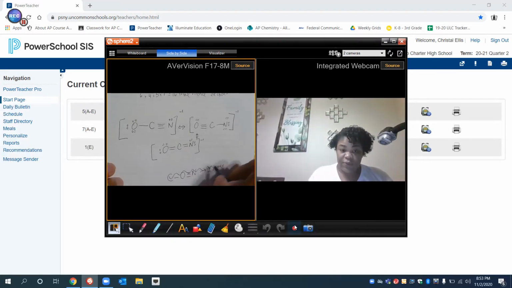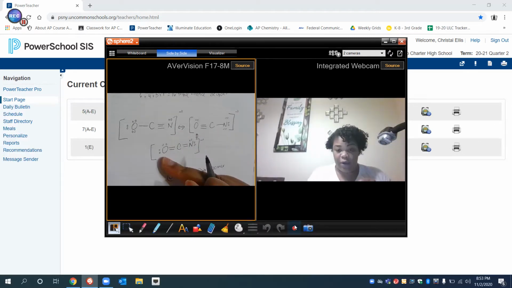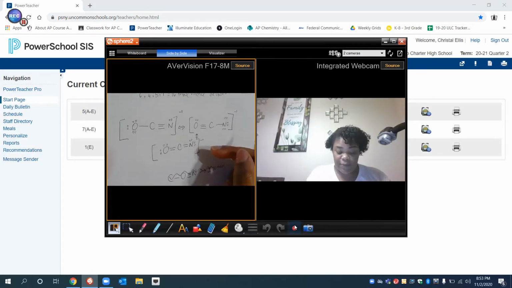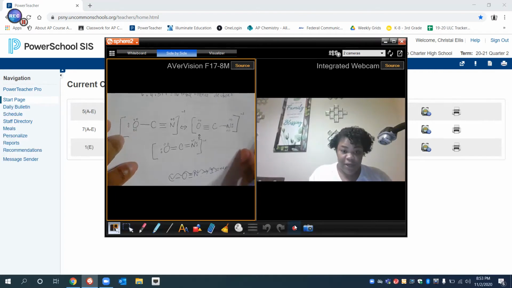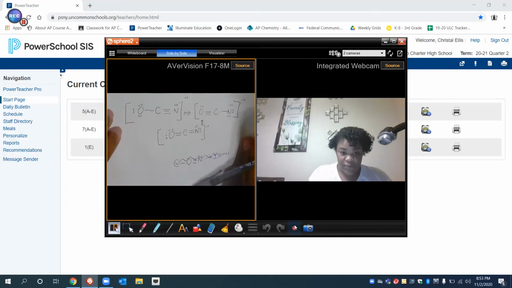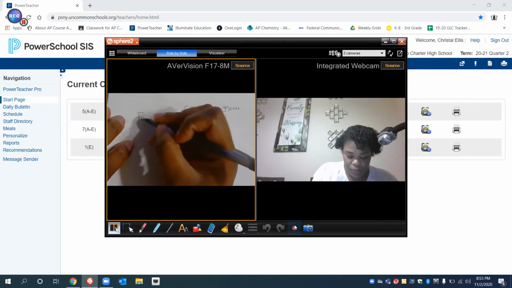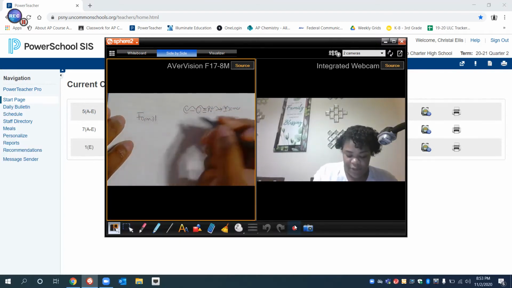Now, once we are able to draw out our Lewis dot structure, we need to figure out which one of these three models would be most stable. We do that by looking at our formal charges. So to calculate formal charge, we have this formula.